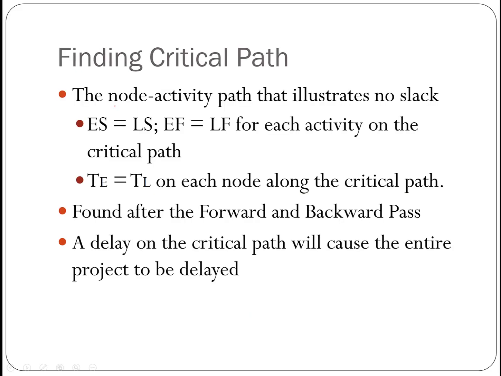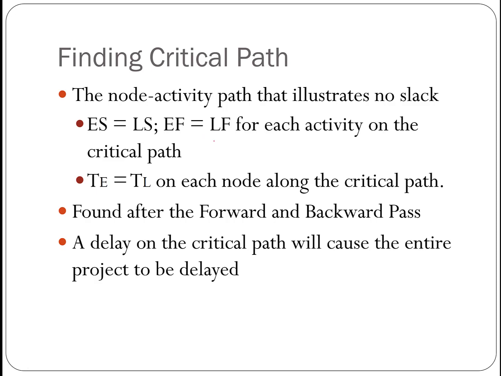And when we find activities that do not have any slack, which means their early time equals their late time, or their early finish time equals late finish time for the activities, then we find those critical activities that cannot be delayed.